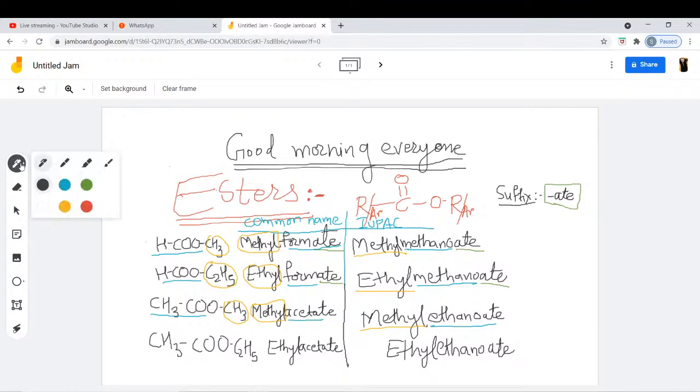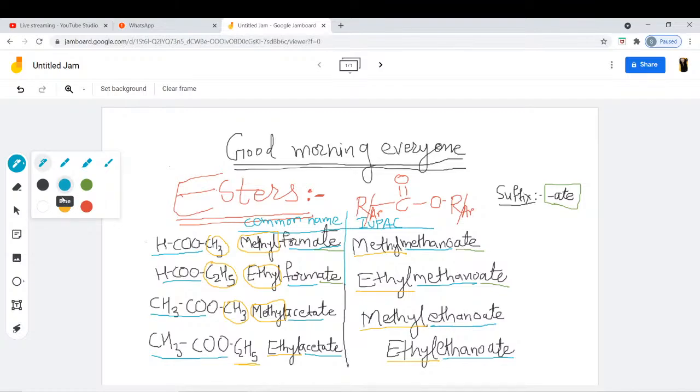Always remember, here it will be ethyl, and since it was a two carbon acid, acetate. In IUPAC name, ethanoic acid, so ethanoate. Easy now. Next, sometimes we also take a salt.